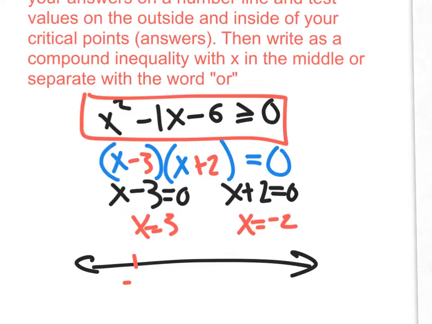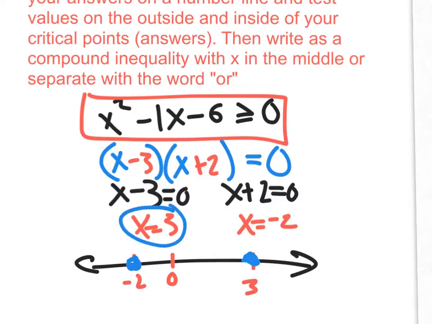So the negative 2 is over here, the positive 3 is over here, the 0 is somewhere in between. And now all you got to do is test values that are on the outside and on the inside of these critical points, these answers that you got.